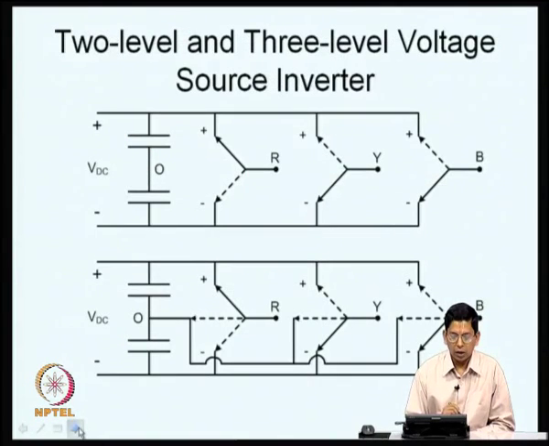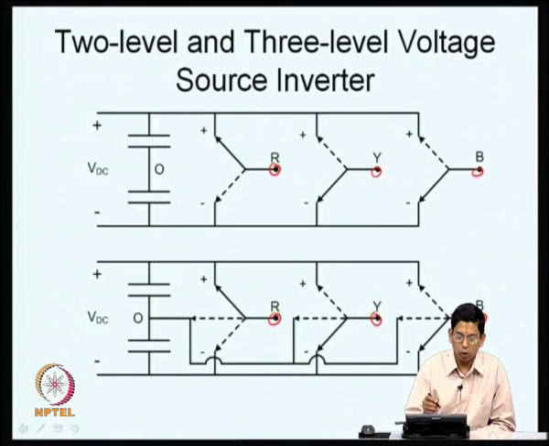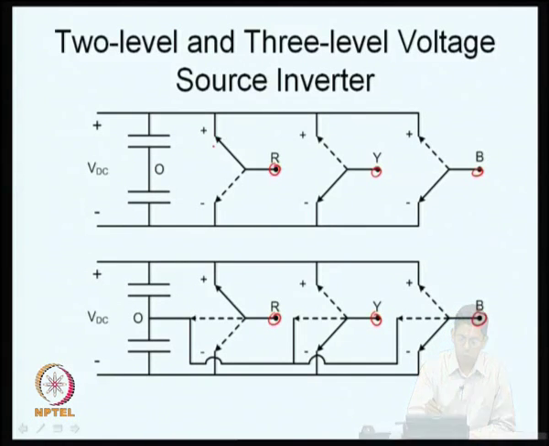Now, we looked at a 2-level and a 3-level voltage source inverter. In case of a 2-level voltage source inverter, you have the same 3-phase load connected. In case of a 2-level inverter, you have only 2 poles, one of them connected to the positive DC bus and the other connected to the negative DC bus.